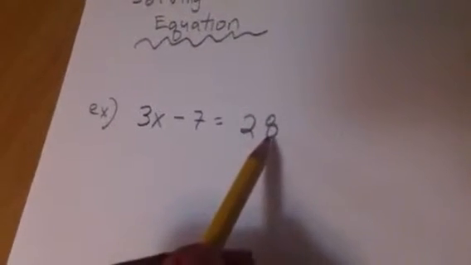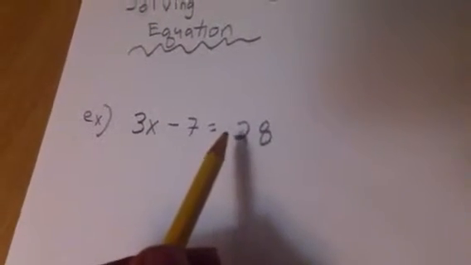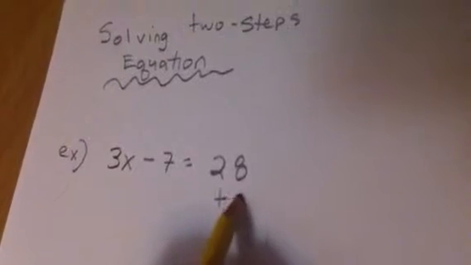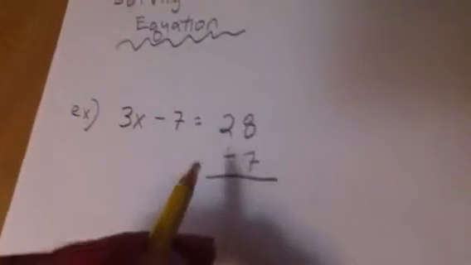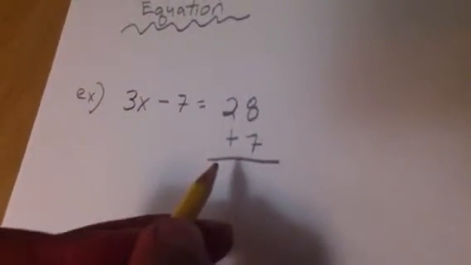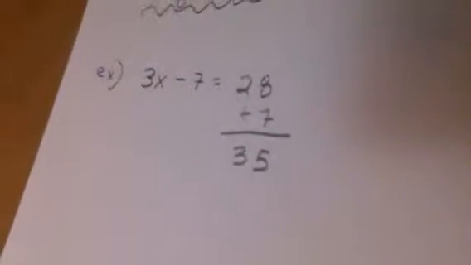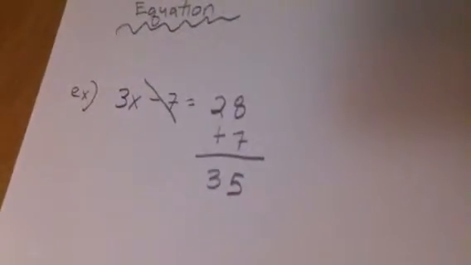So if we're working our way backwards, instead of subtracting, you're going to do the opposite of whatever this says. So instead of subtracting, you're going to add 7 to 28. And 28 plus 7 is going to be 35. Okay? Now that means that you took care of that by adding 7.